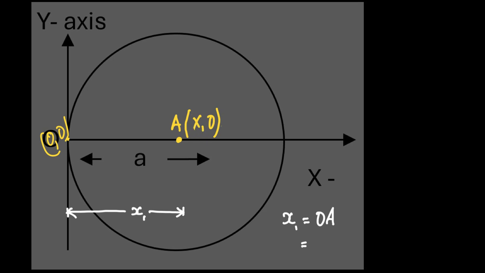So what is x1? X1 would be the center of mass of this circle with respect to the origin O. And what is the measure of x1? The measure of x1 is OA. What is OA? OA is equal to the radius. What is the measure of radius? It is equal to a. And therefore the coordinates of the center of mass with respect to this origin are a, 0.